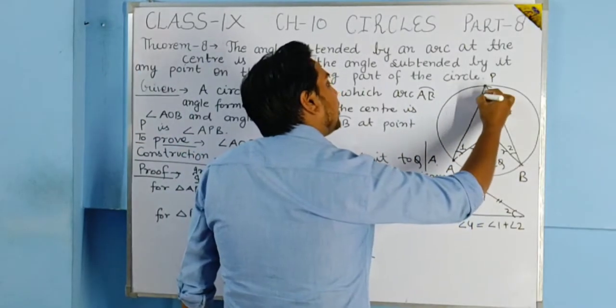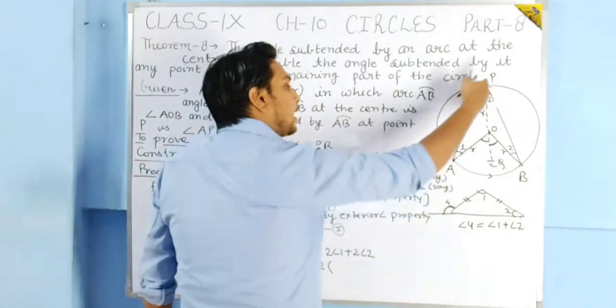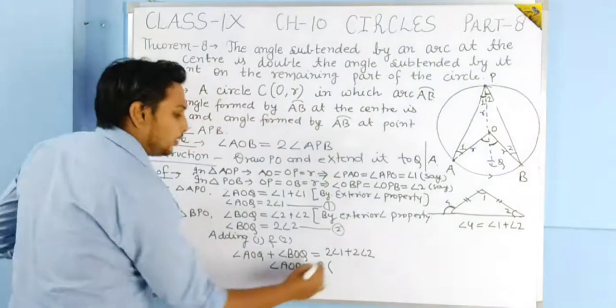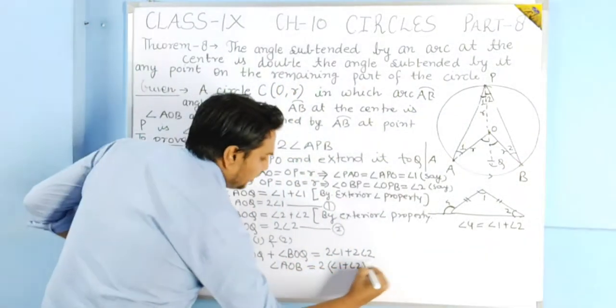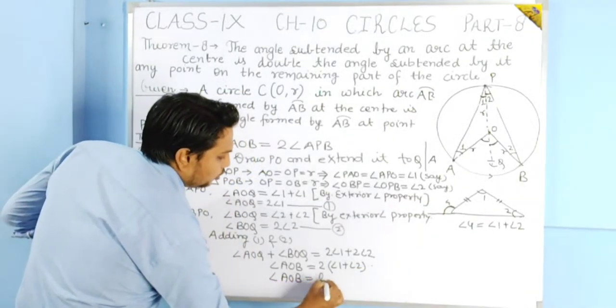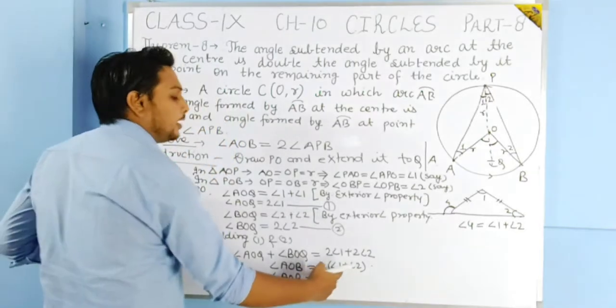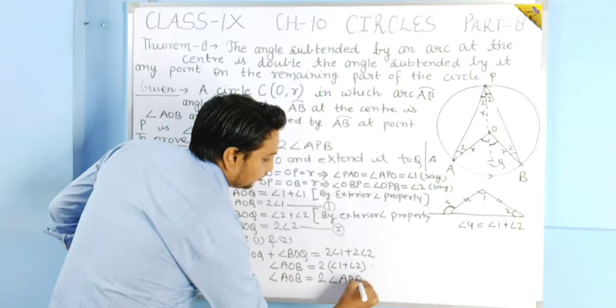If you add these two angles, angle 1 plus angle 2, then what will you get? The angle APB. So here you can write that angle AOB is equal to 2 into angle 1 plus angle 2, which is angle APB.